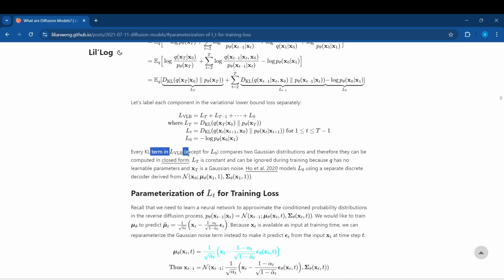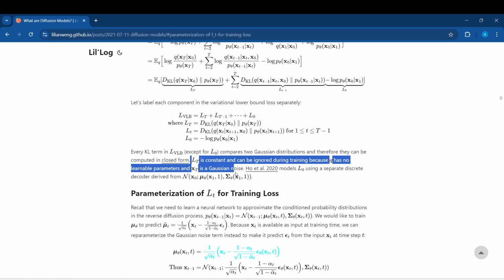So for every term in L_VLB except L_0, these terms compare Gaussian distributions, and thereby they can be computed in closed form. Because these are KLs comparing Gaussians, we can compute them in closed form and use this while training. And L_T is constant and we are just ignoring it, as I've said, because q has no learnable parameter and xT is just Gaussian noise.